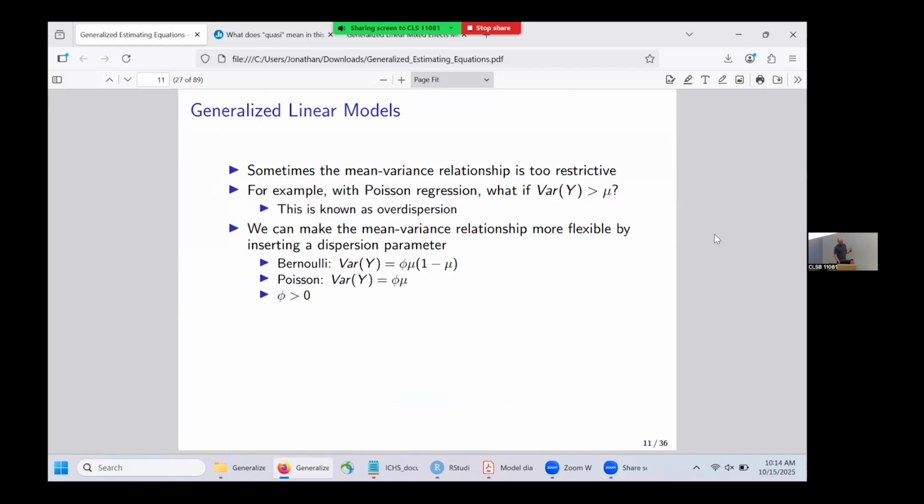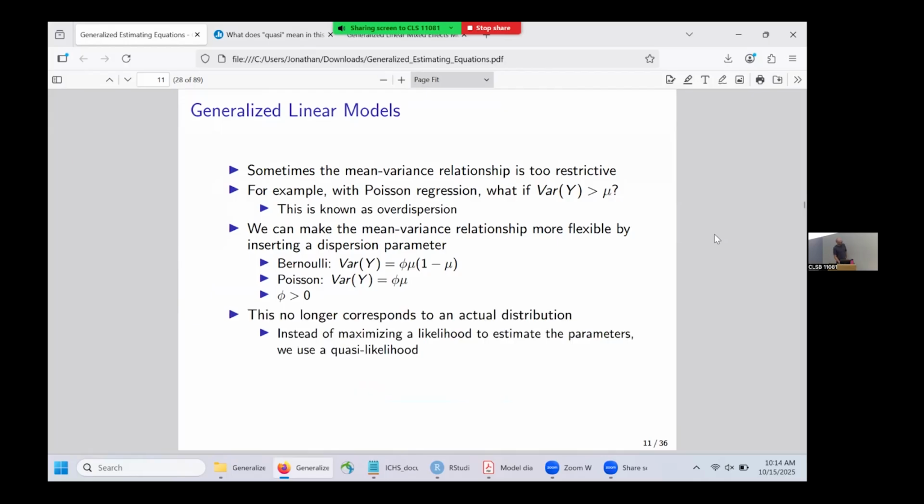So if phi is greater than 1, then we're going to allow the variance of y to be greater than what would be predicted by whatever distribution it's coming from. The result is that we're no longer talking about an actual distribution. So instead of maximizing a likelihood to estimate the parameters, we use a quasi-likelihood. It's based on the likelihood, but we're just inserting this phi in there to allow for overdispersion.